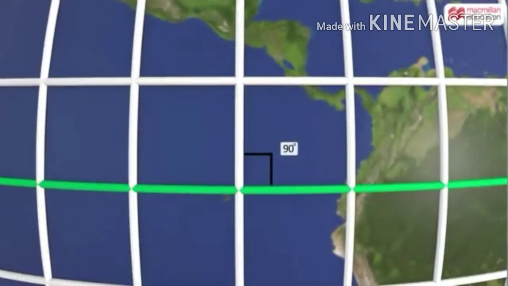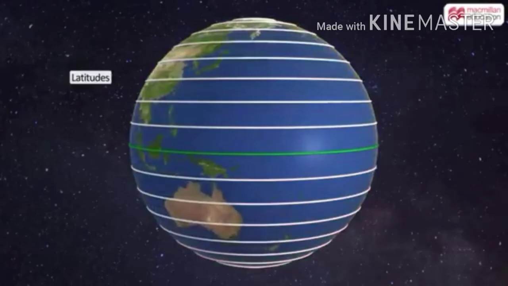Include the largest, biggest latitude, the equator. Totally how many latitudes? 181. Their lengths are not equal and the circles become smaller towards the poles.